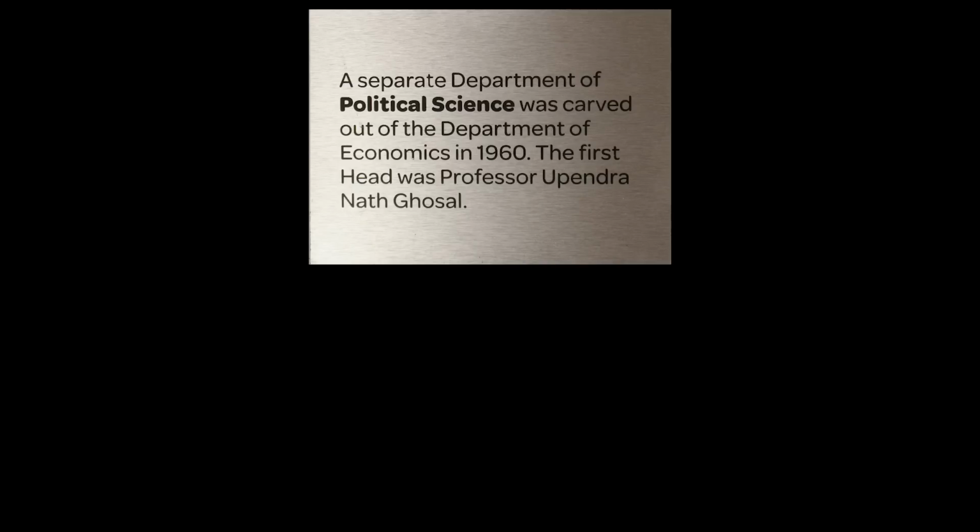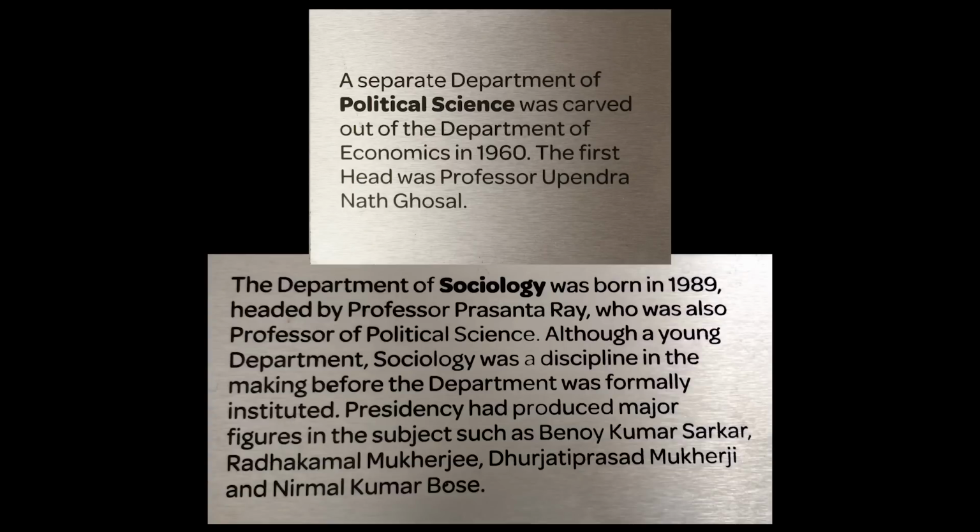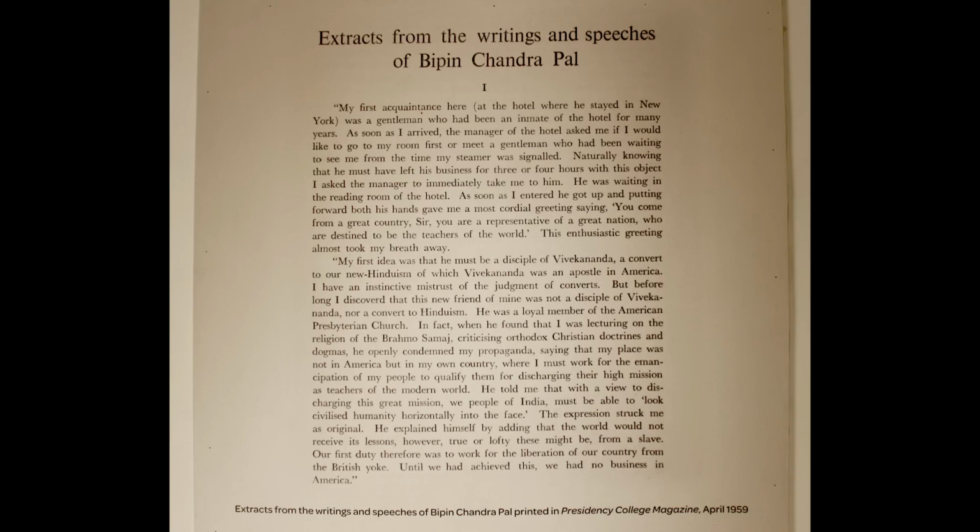So the Presidency College magazine, of course, and if you look at the political science and sociology section, there are extracts from the writings and speeches of Bankim Chandra Chattopadhyay, which were printed in the April 1959 number of the Presidency College magazine. There was a second source of information, and not just information, but also significant observations and comments, and that is the annual report of Presidency.